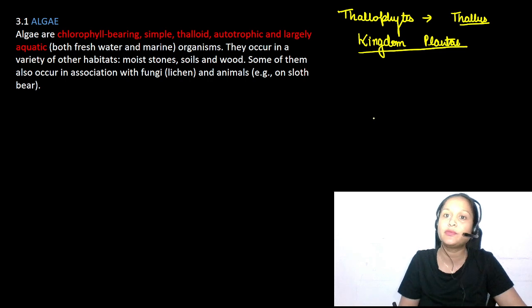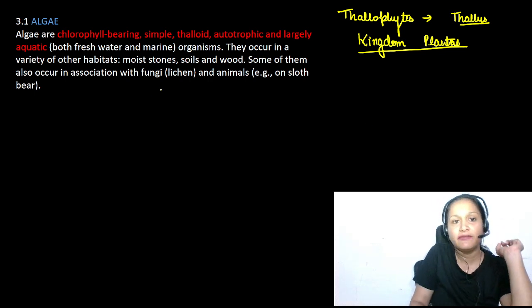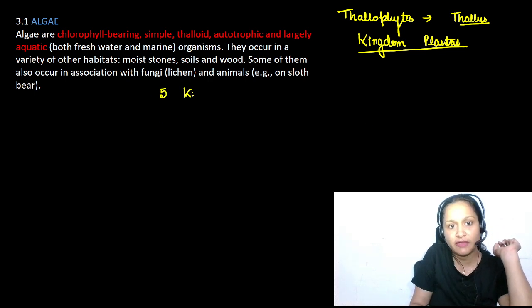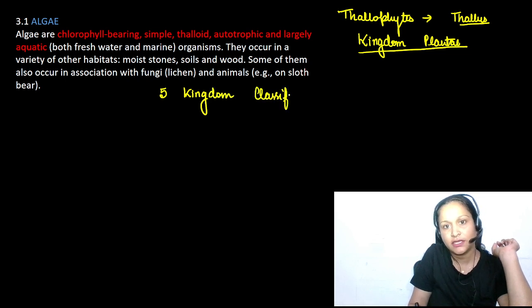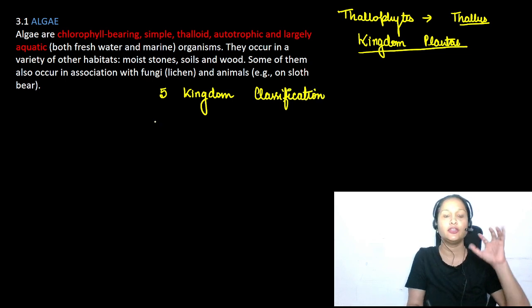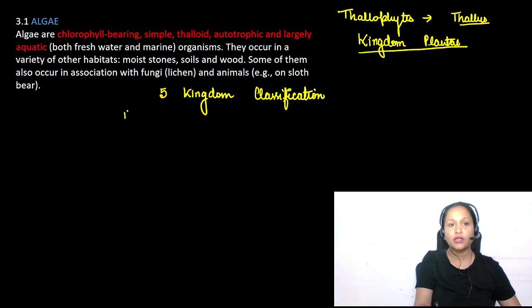In the previous chapter, we discussed the 5 kingdom classification given by Whittaker, isn't it? Where we have seen that all the organisms present on earth are classified into 5 kingdoms. What are those? Number 1, Monera. Number 2, Protista.